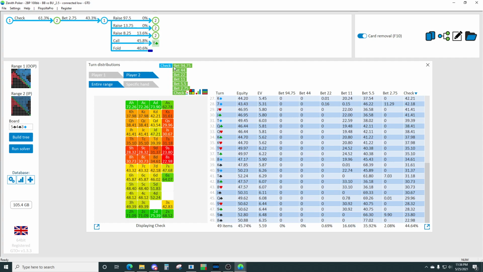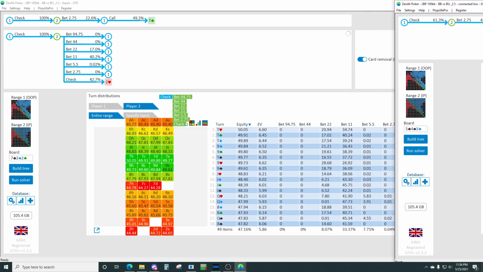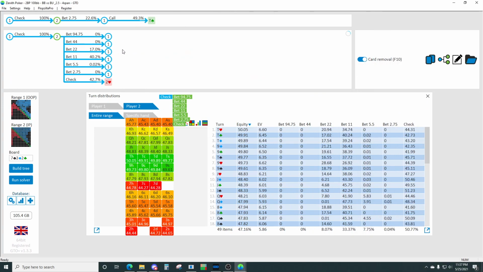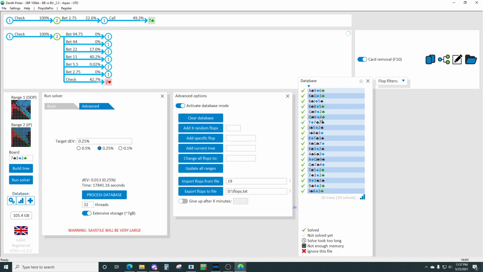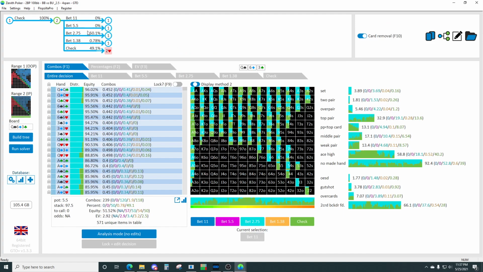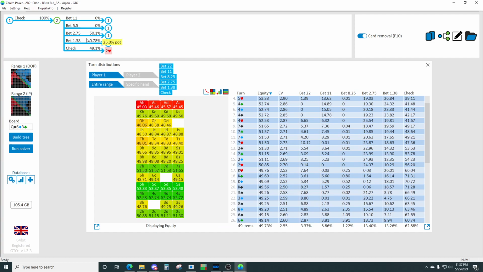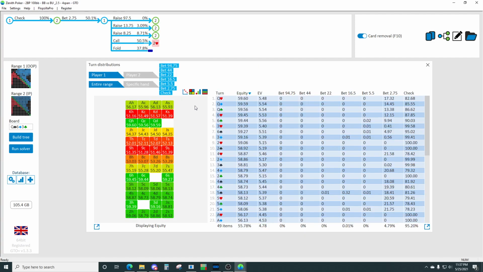You can see in the check line it was right around 50, and then in the check call line it goes up to like 55. And in this board, well, let's look at a higher board. 6-3, half pot or check. It's right around 50 in the check call line, and it's going to be slightly better, like 56.